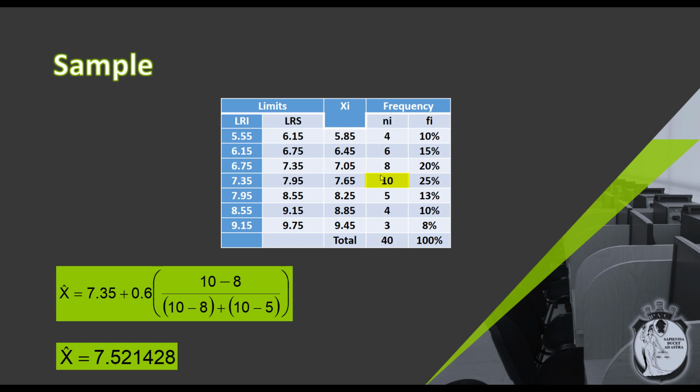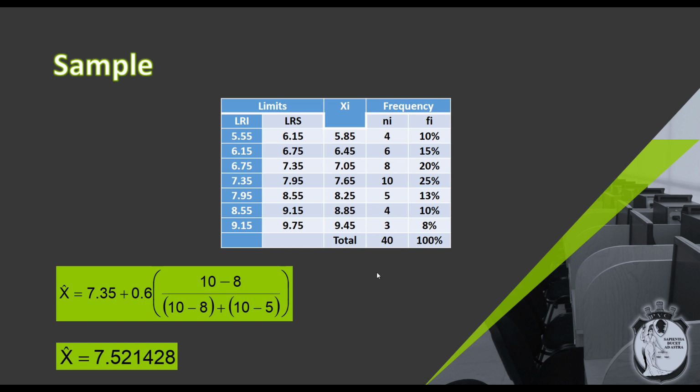You check here, it is 10. Yeah, in that case it matches with the same row. You remember when we calculated the median, we chose that row. But it may not be like that.